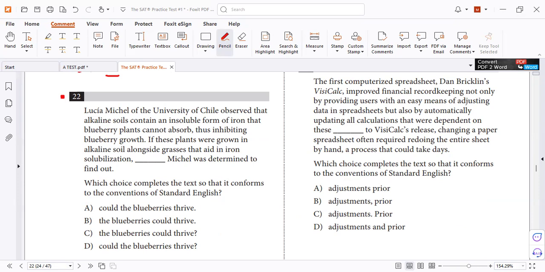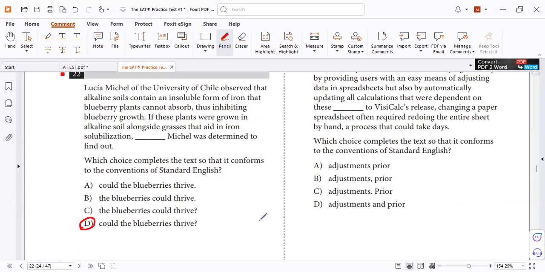So letter D, it's the best answer. That is brilliant. But wait, we need to know why.